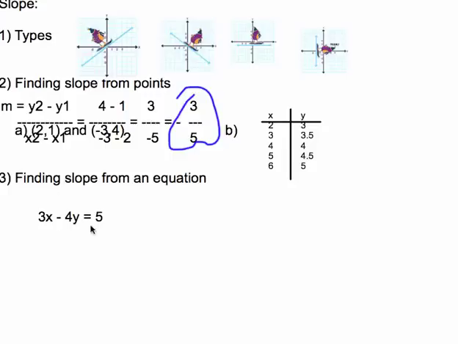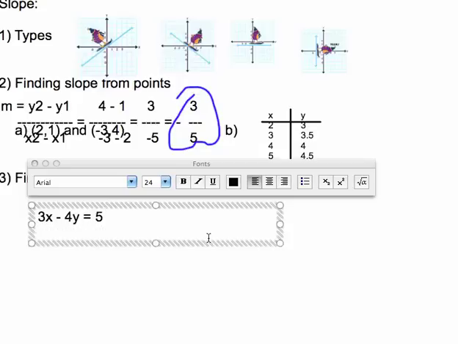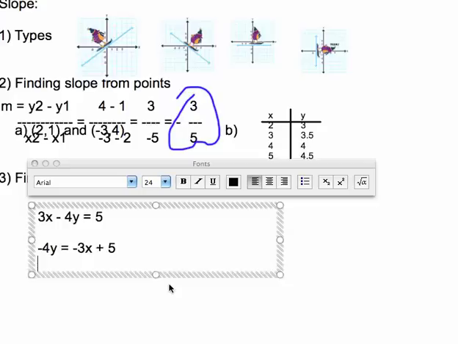To find slope from an equation, you have to have it solved for y. So remember, you need to get y by itself, and then you'll find the slope, which is going to be the coefficient of x. So what I should do is subtract 3x from both sides, and I end up with negative 4y equals negative 3x plus 5. Then if I divide both sides by negative 4, this is what I'm left with.